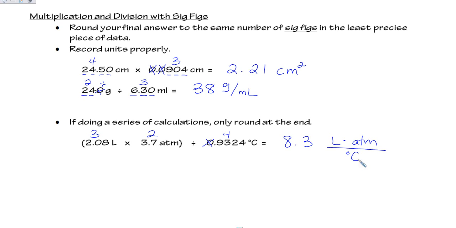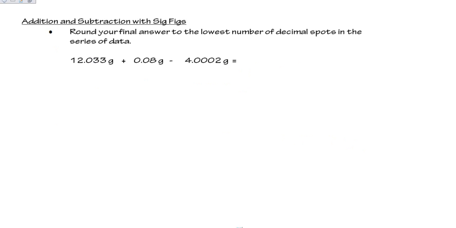So that was probably the sig fig rule that we use most often. The multiplication division rule. Plug it in your calculator and round to the piece of data that had the least amount of sig figs. The adding and subtracting rule honestly isn't an issue as often, because if you're adding and subtracting data, it's probably the same kind of data.